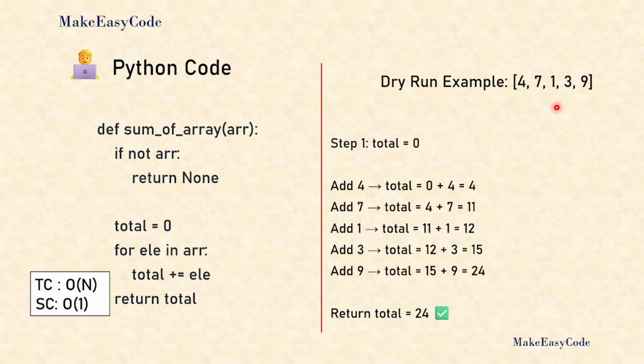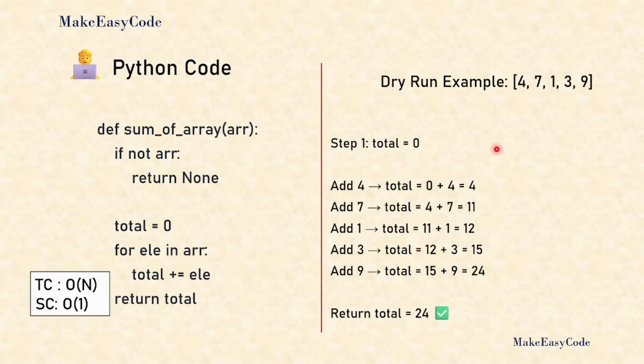Here we'll do a quick dry run for this example. The example is given with the elements 4, 7, 1, 3, 9. We initialize total equal to 0. Now we have to check the for loop. It will iterate over each of the elements and save the sum into total.